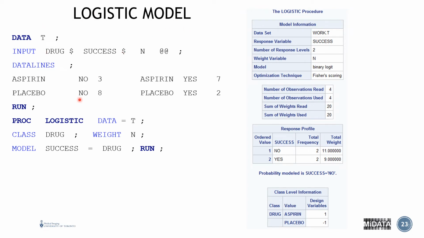Because the chi-square has a limitation, and that is, though it's great to look at an association between two categorical variables, if you wanted to have as an outcome a binary variable or a categorical variable, but your independent variable was continuous, or you had more than one predictor or independent variable, then the chi-square can no longer be used.